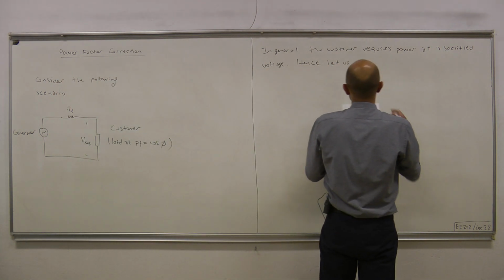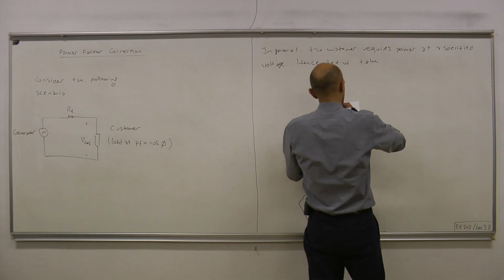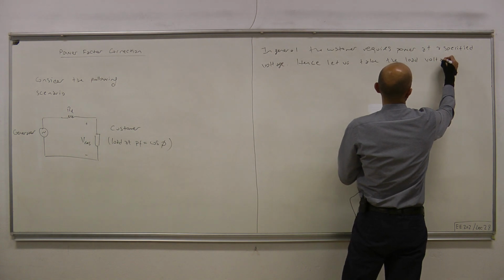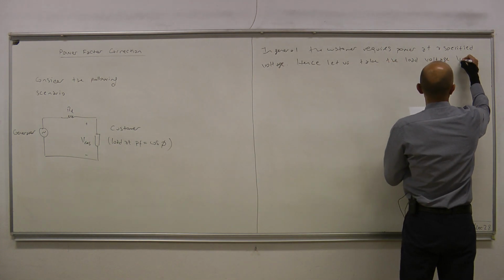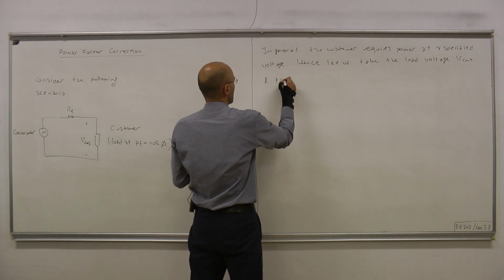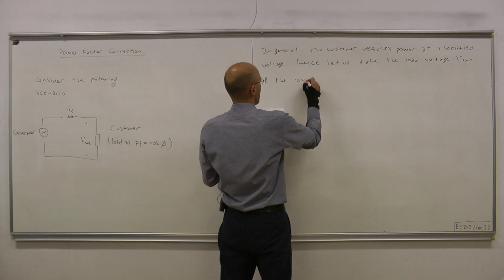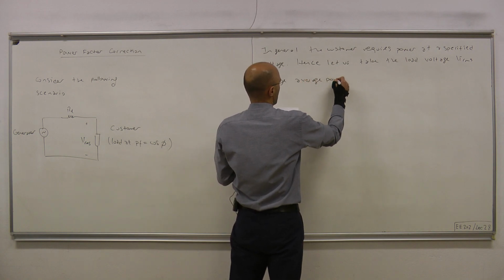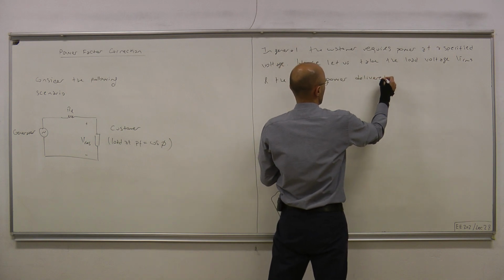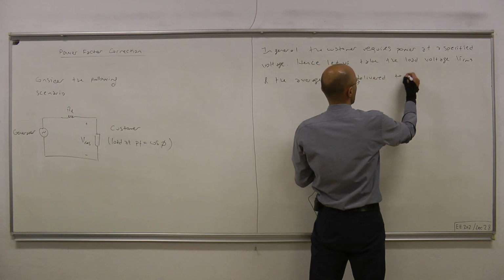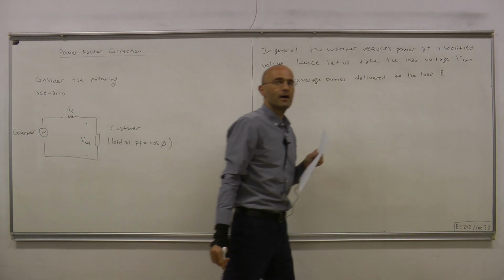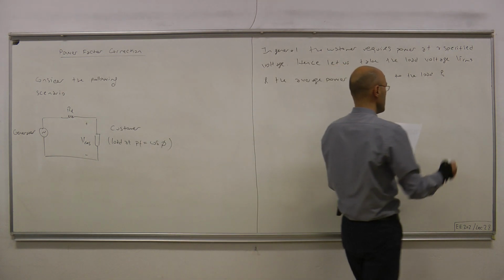Hence let us take the load voltage V RMS and the average power delivered to the load, which we denote by P sub L, as fixed.